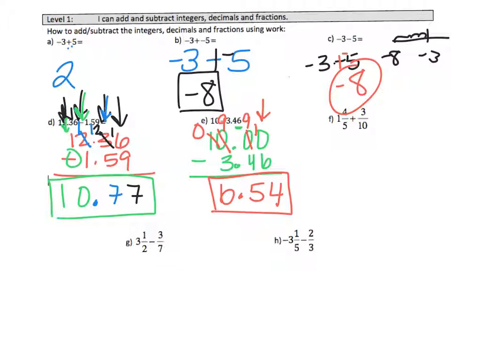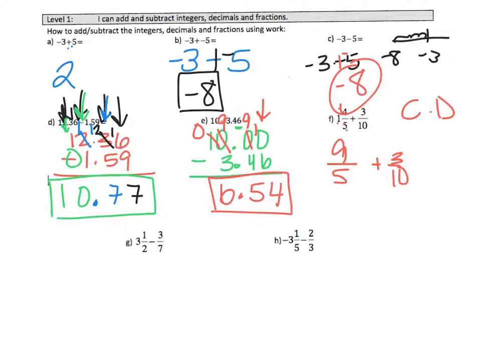Okay, and now when we're adding or subtracting fractions that are mixed numbers, remember you want to multiply the denominator with the whole number and then add the numerator. So I'm going to do 5 times 1, which is 5, plus 4, which is 9, over 5. And I can add the 3 over 10. Now remember, with fractions, you need a common denominator.